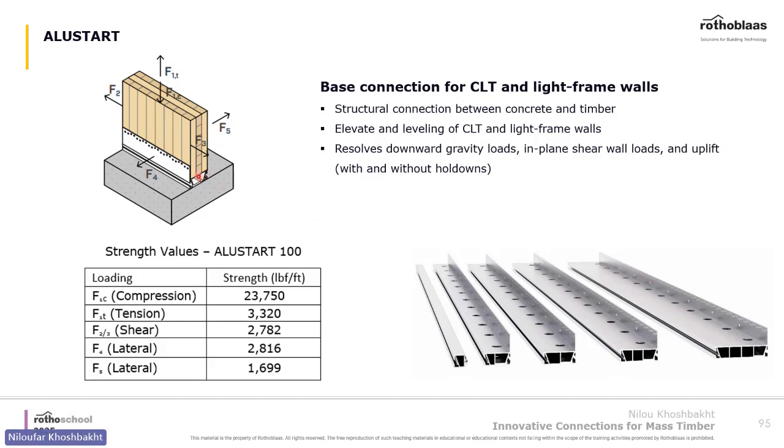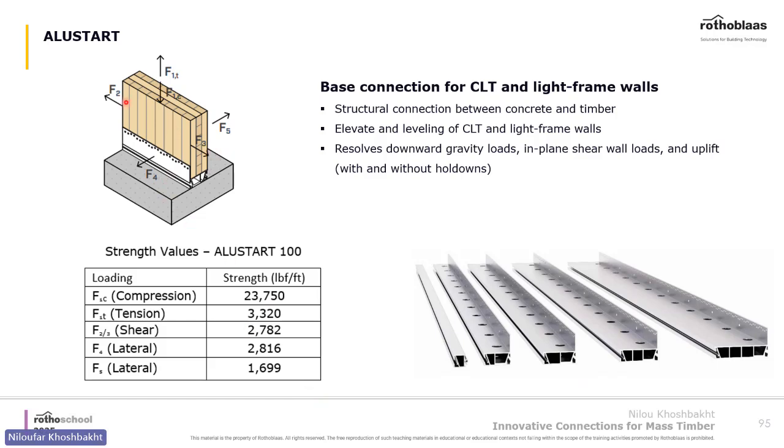It's basically a continuous hold down, and it can resist downward loads and lateral shear loads. For example, if you want an idea of the capacity for AluStart 100, we have a compression capacity of 23,000 pounds per foot. And yeah, these are some of the values for that.